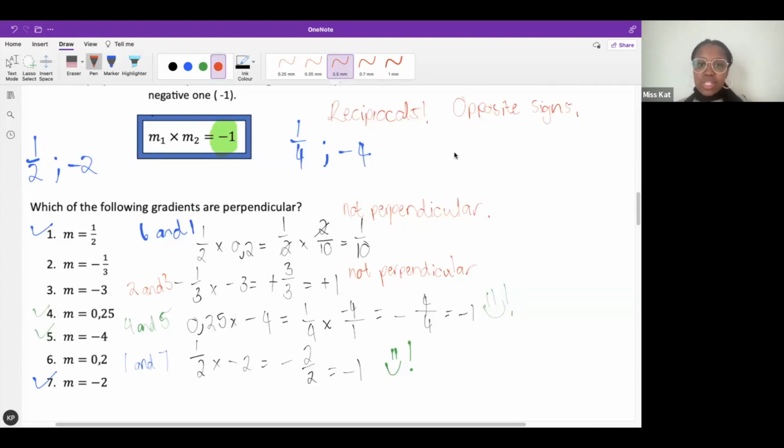Zianda, reciprocals means they are basically upside down versions of one another. Do you agree that the number 4 can be written as 4/1? Yes. So when we say reciprocal, we mean you swap the denominator and the numerator.